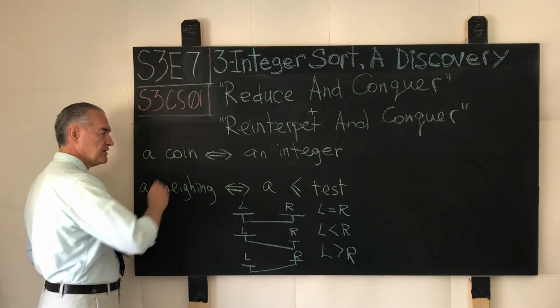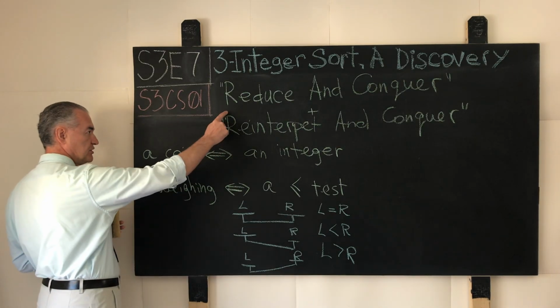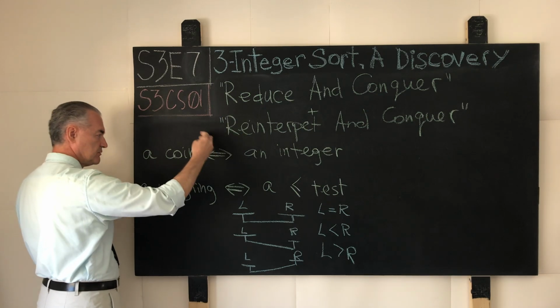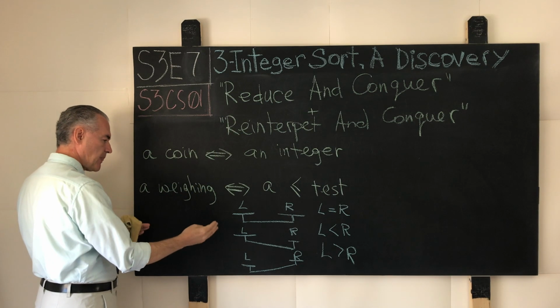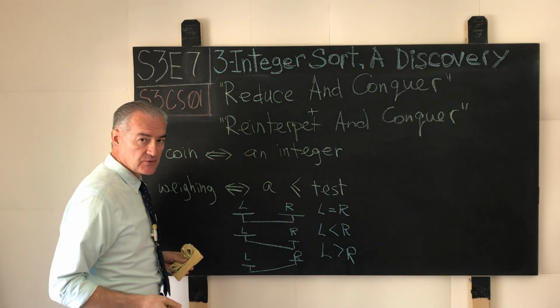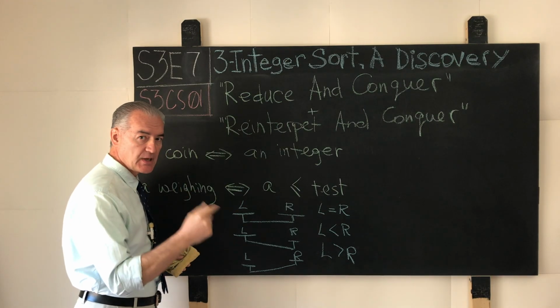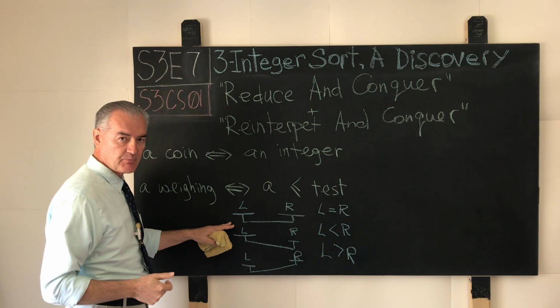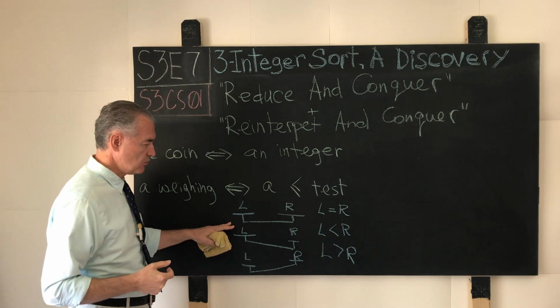So now, once we inhale all this material, faithfully reinterpret and conquer coins, weighings, pen scales, how can we solve the problem of sorting two coins by mass using one properly functioning set of pen scales with a minimal number of weighings?